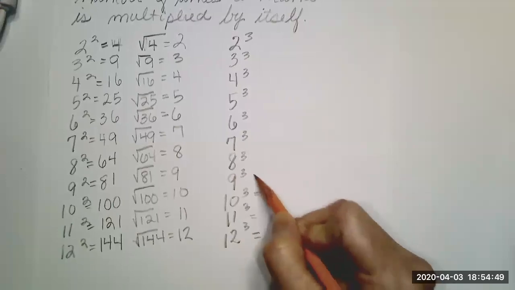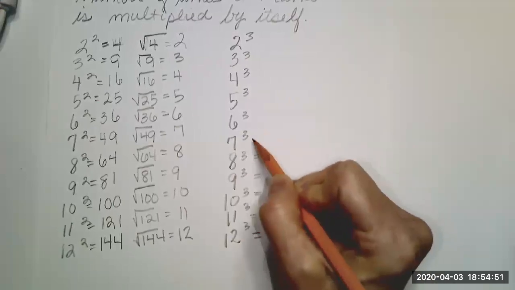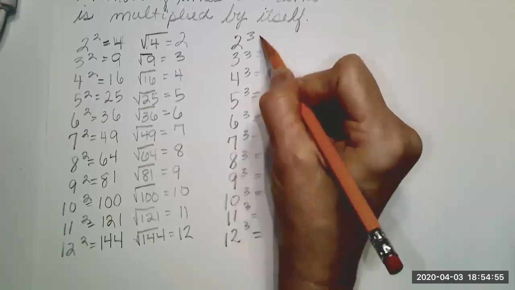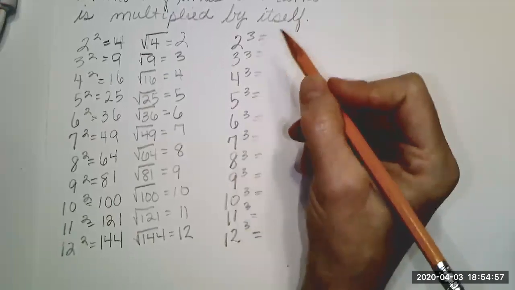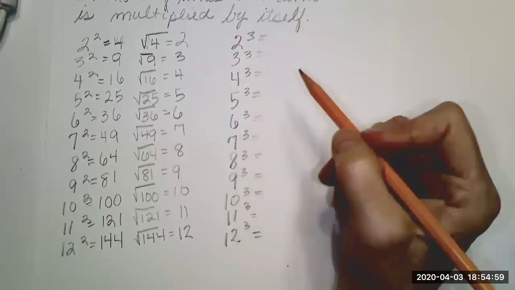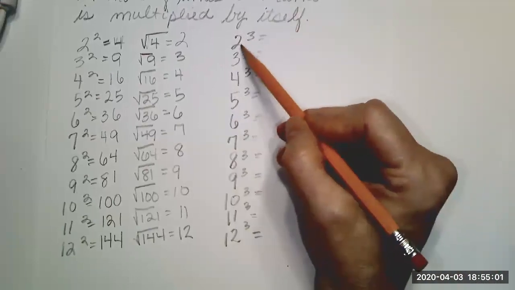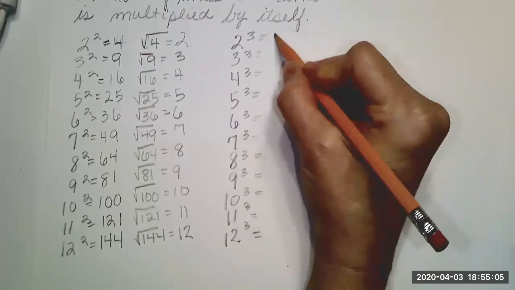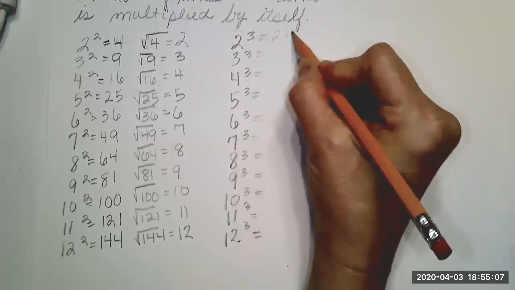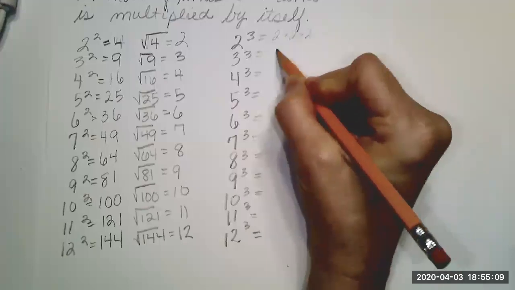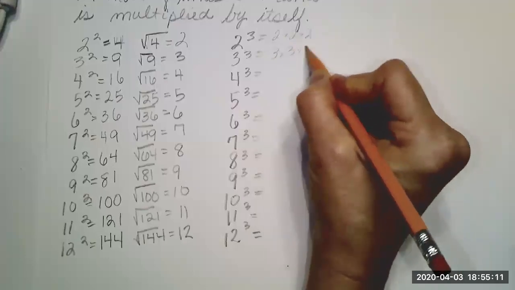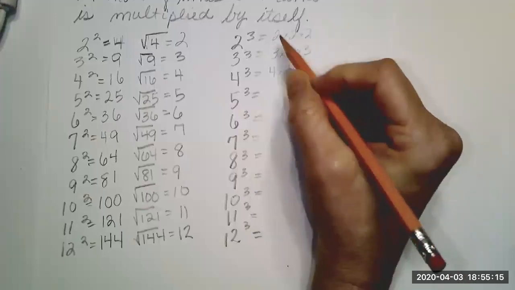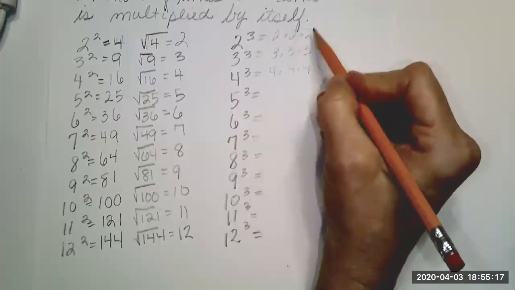And that doesn't mean 12 times 3 or 7 times 3 or 6 times 3. And that's the most common mistake people make. When they see these in a problem, they'll multiply the 2 times the 3, but that's not what you have to do. You actually have to multiply 2 times 2 times 2, and 3 times 3 times 3, and 4 times 4 times 4.